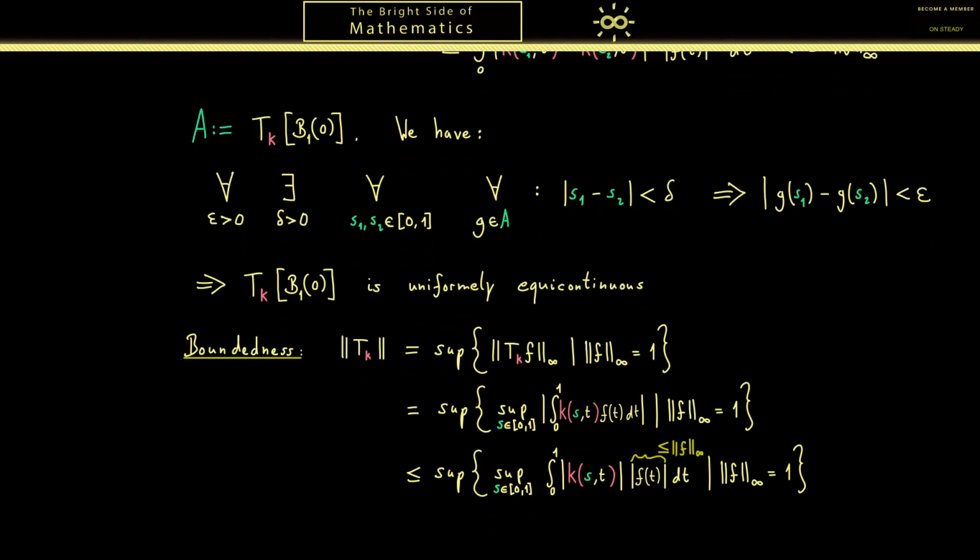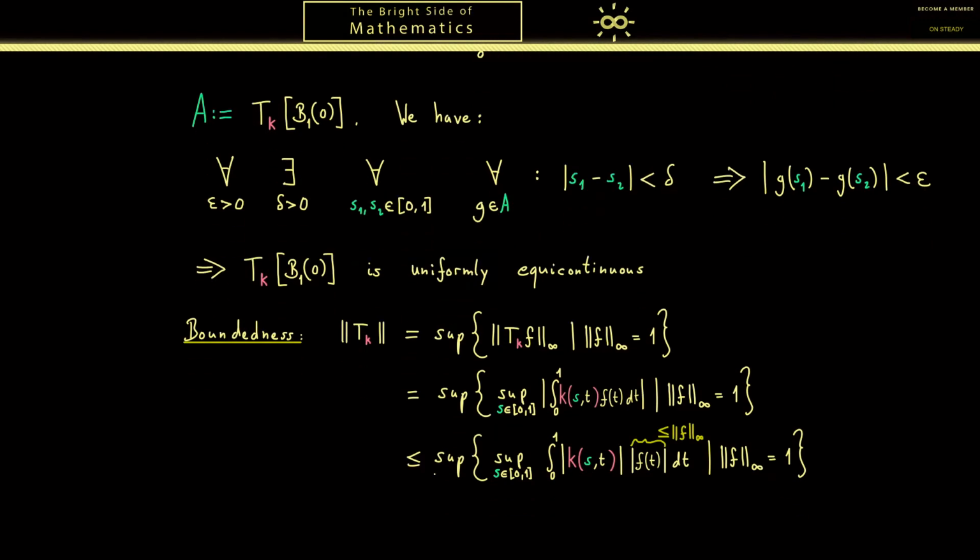This means that we don't need the outer supremum anymore and can just write down everything is less or equal than this integral. However, this is also less or equal than the supremum norm of our function k. As often it's not important what the number here is exactly, it's only important that it is constant. Because then we know that T_k is a bounded operator.